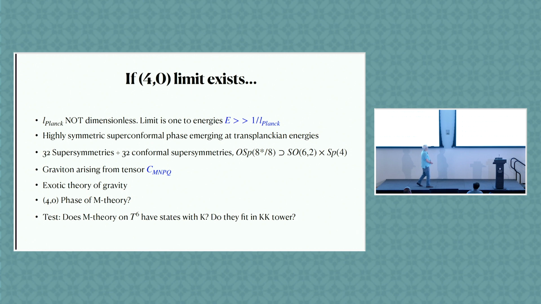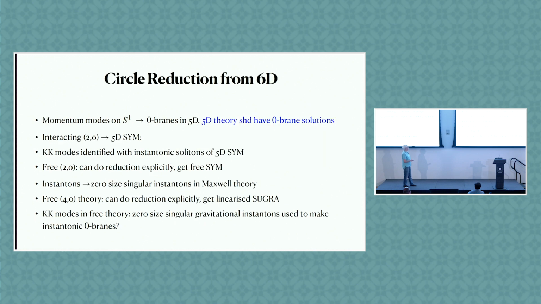And I'll talk about that a bit more. That's one of the reasons why I wanted to focus on the nature of this magnetic charge K. So a key feature is whether or not M theory has states which carry this gravitational magnetic charge.